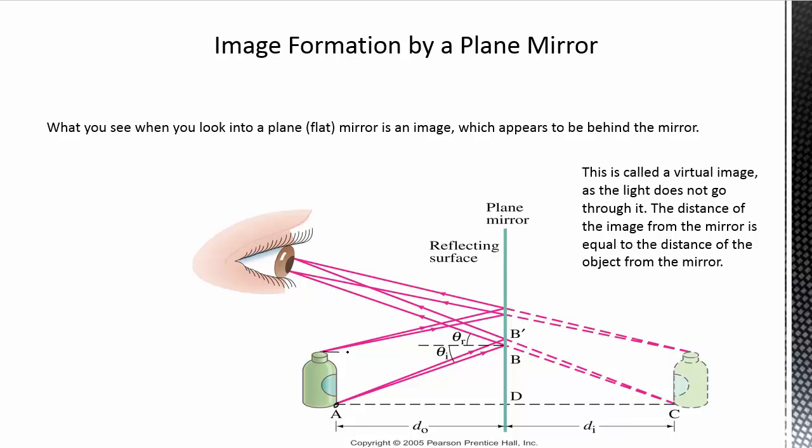There are other rays heading out in all directions here. We're just ignoring the other ones, right? So this ray goes and bounces and hits the top of our eye. That ray goes and bounces and hits the bottom of our eye, and so we're able to perceive that point. This one here bounces there, and so forth.